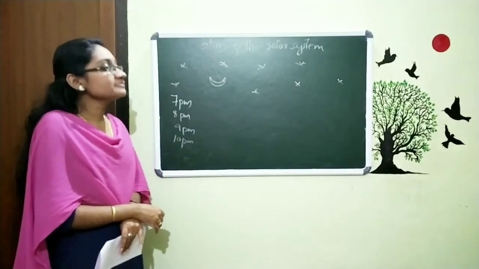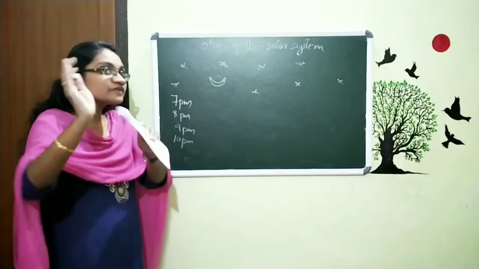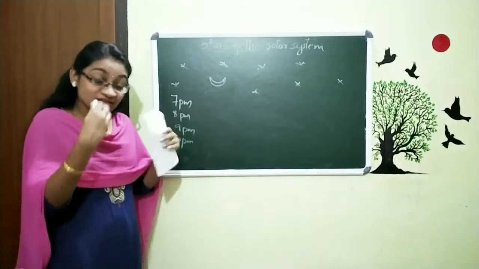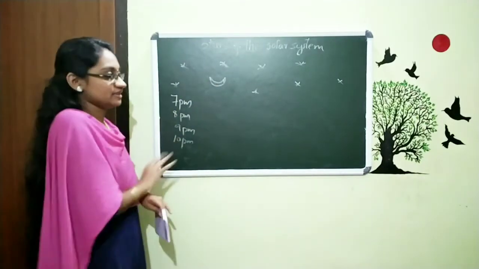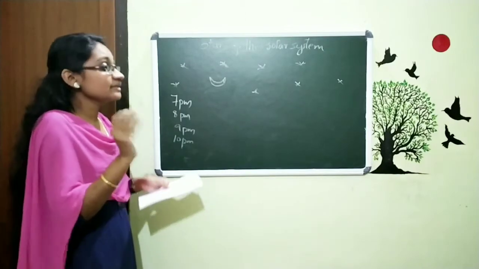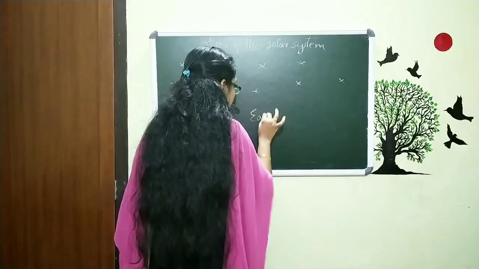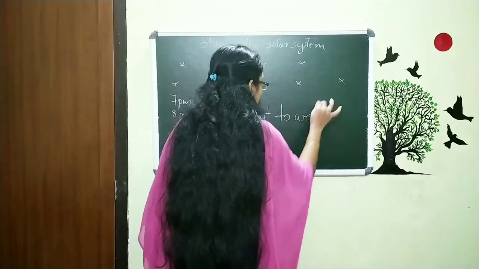And when you observe that, you can see that these stars are moving from one place to another. I am not saying that they are moving. We feel like these stars are moving from one place to another. That means actually the motion is like this. They are moving from east to west.